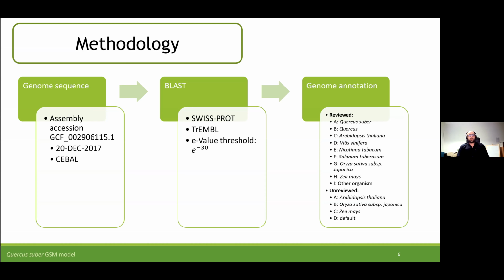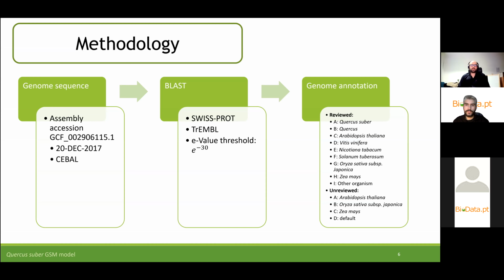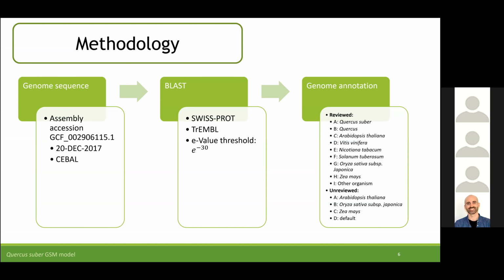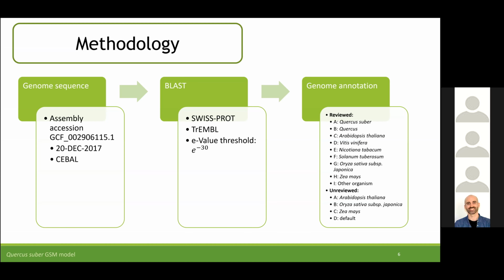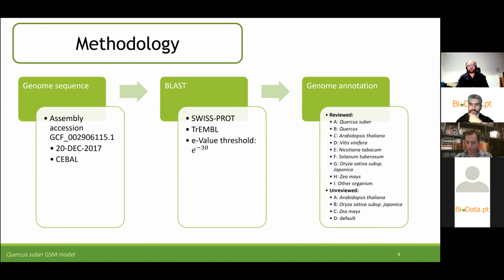And then for the ORFs for which we couldn't find any results when blasting against Swiss-Prot, we blasted against TrEMBL, always setting an e-value threshold of e to the minus 30 to have confidence in the results that we obtained. All of this was performed with our tool for reconstructing models, Merlin.